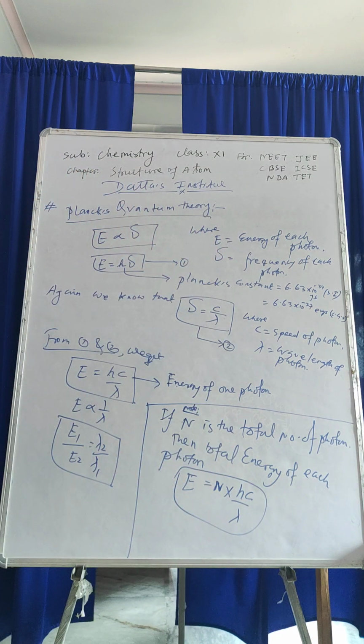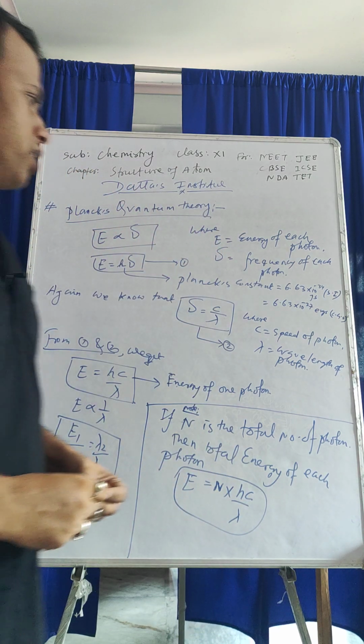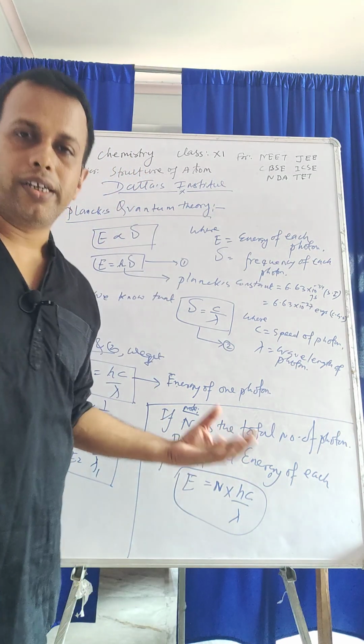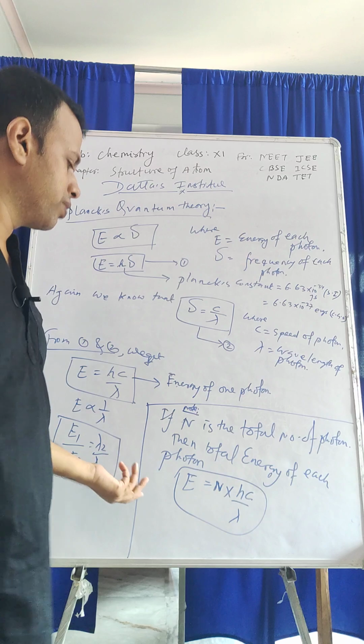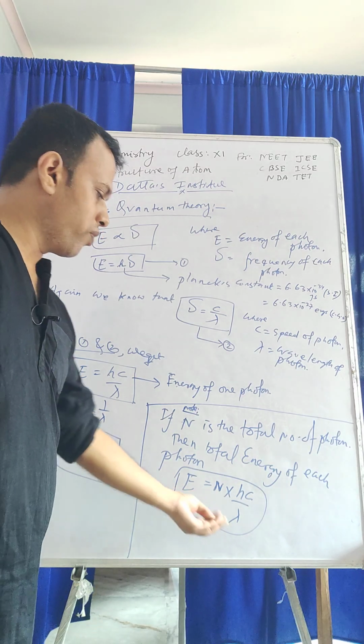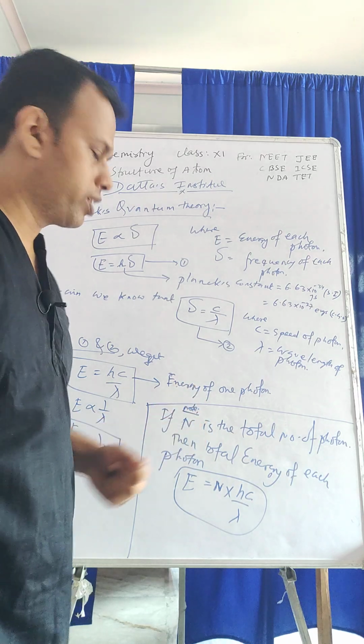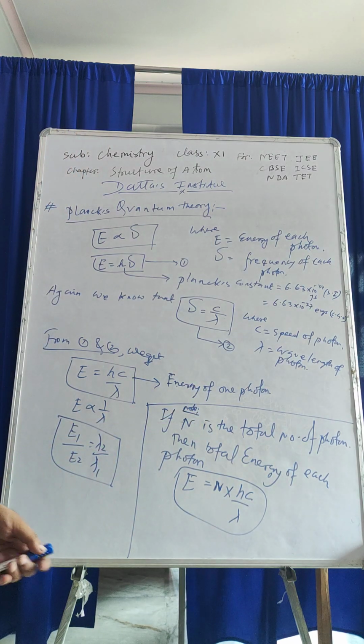In numericals they sometimes give the wavelength and you have to find the energy of the photon, or sometimes they give the energy and wavelength, and from that you have to find the total number of photons. Okay, so write it down.